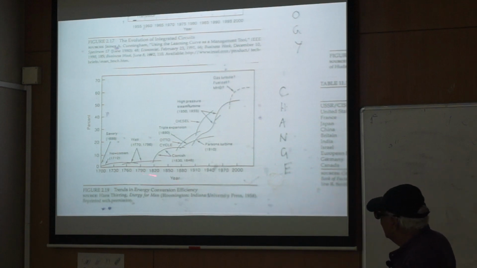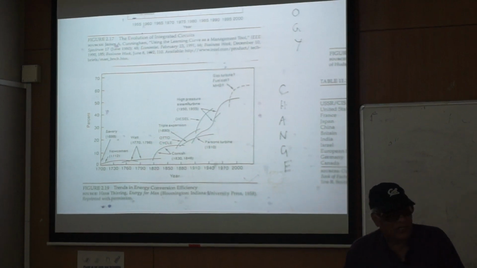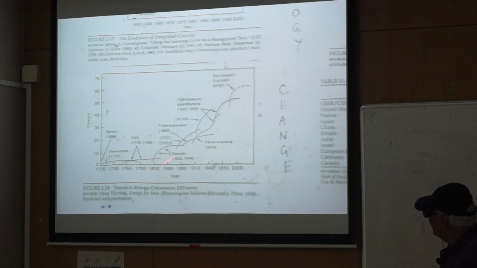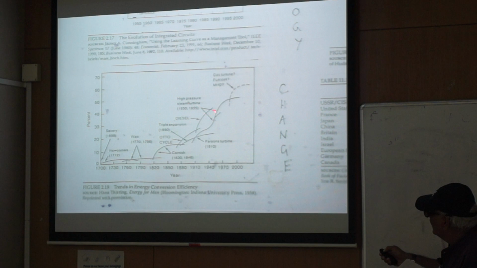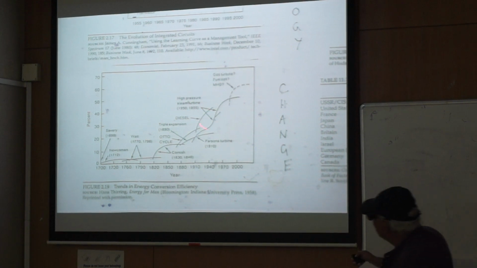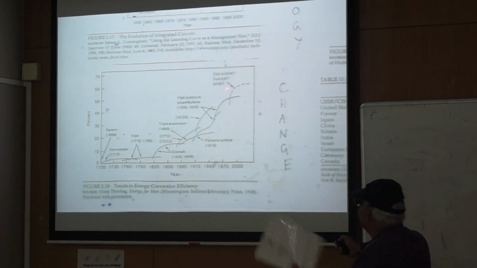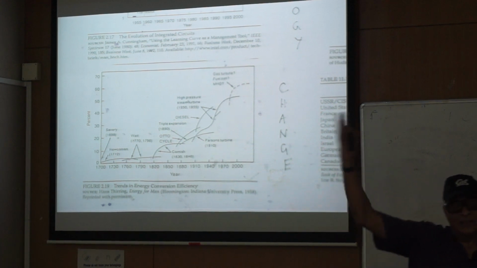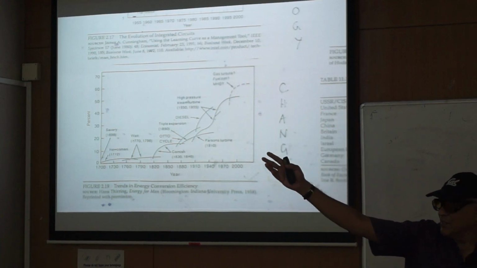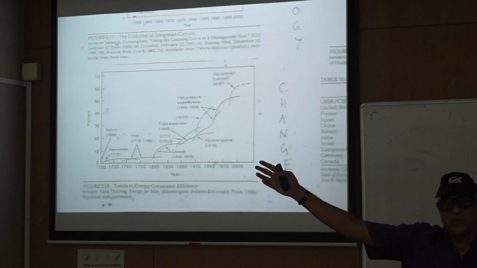Then you had no more steam, you had the Otto cycle, the petrol engine, and then you had the diesel engine, and then you had high pressure steam turbine again, yes. So now you are talking about supercritical power plant. What is supercritical?